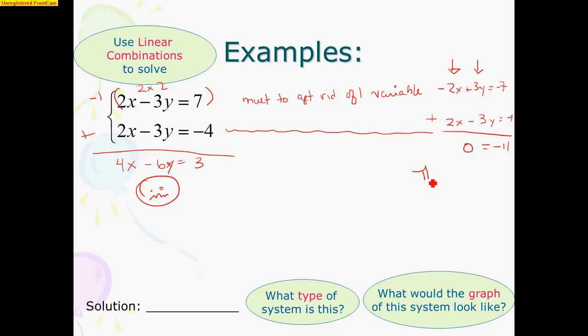Think. The math is talking to you. You were doing this math. I was looking for a point of intersection, and my math told me nonsense.